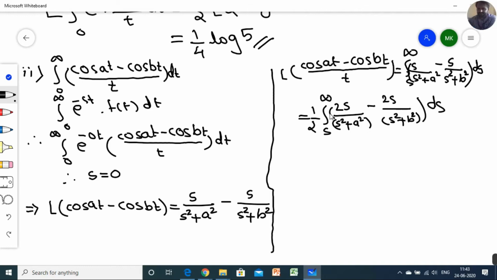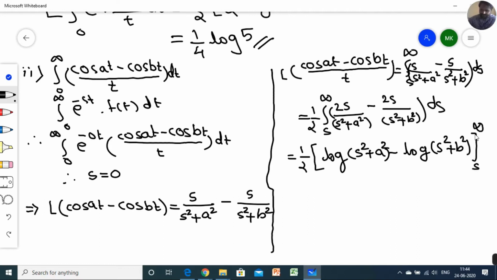I just mentioned it here in small type because of less space available. So I'm just taking 1 by 2 here. This will become log of s square plus a square minus log of s square plus b square.